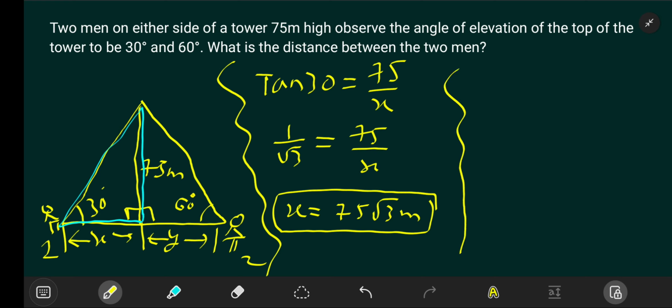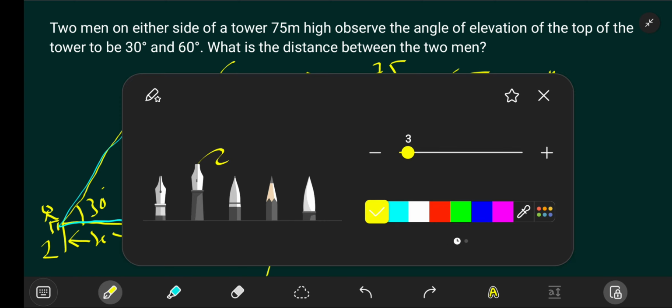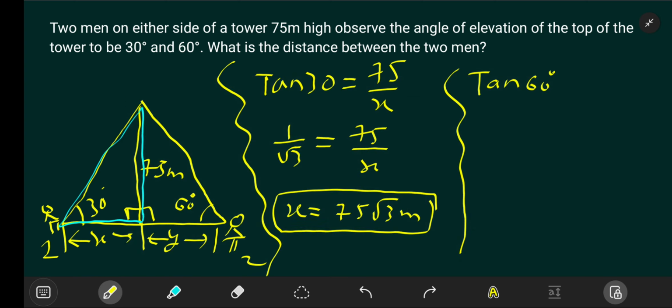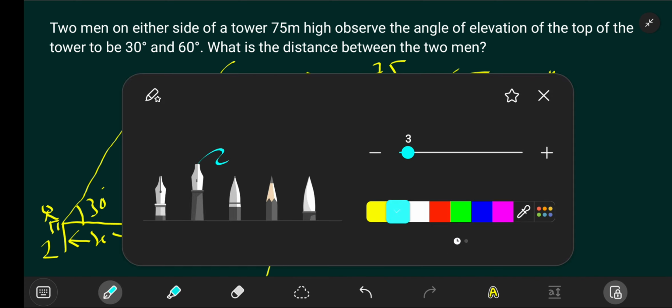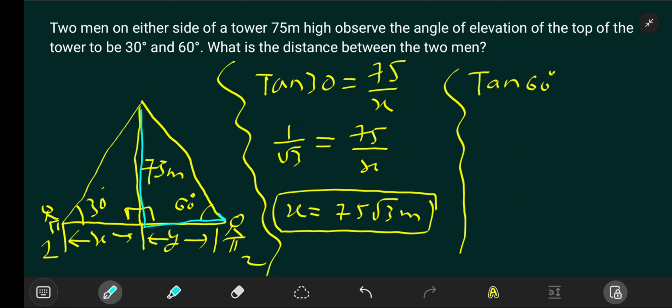Next, let's apply tan theta with tan 60 degrees. Here also theta is given, the perpendicular side is given, and the base is asked, so tan theta is the correct trigonometric function. In this triangle I am applying tan 60 degrees, which is perpendicular side upon adjacent side, that is base.